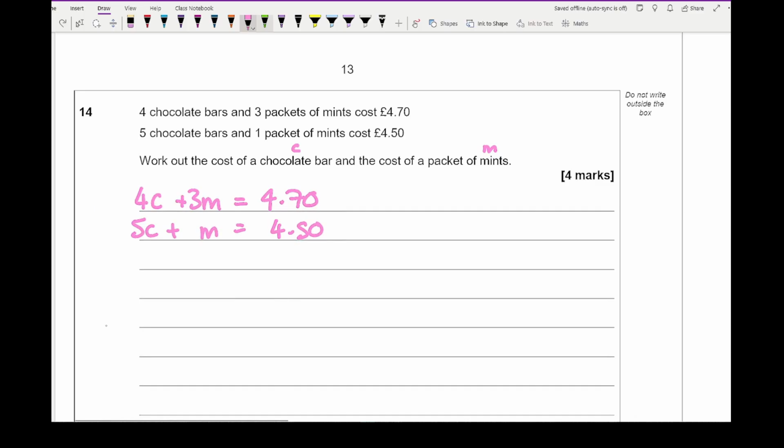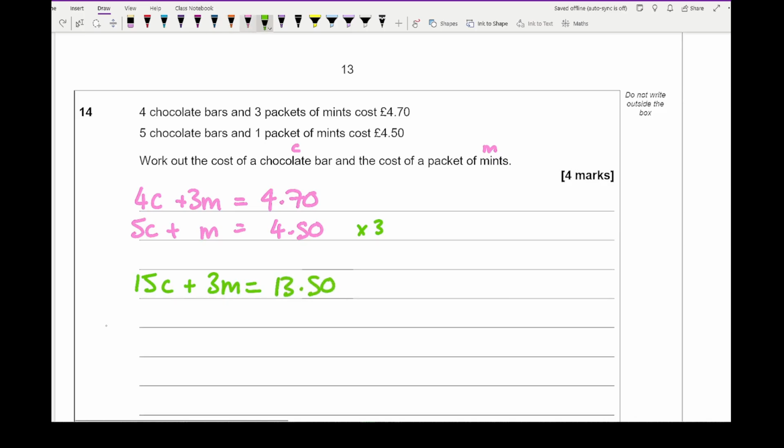Now for this, what we want to try and do with simultaneous equations is make one of the quantities the same. I could make the C's the same, but I'm going to make the M's the same because all I need to do is multiply the bottom equation by 3. That becomes 15C plus 3M equals £13.50.